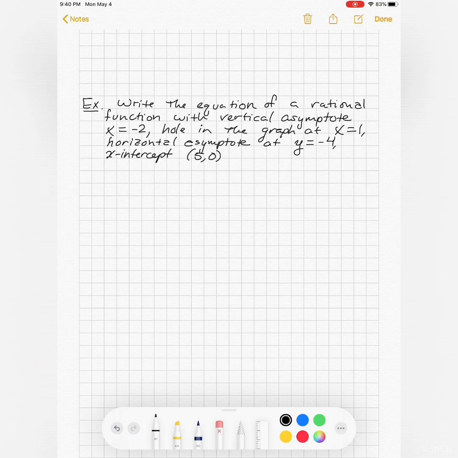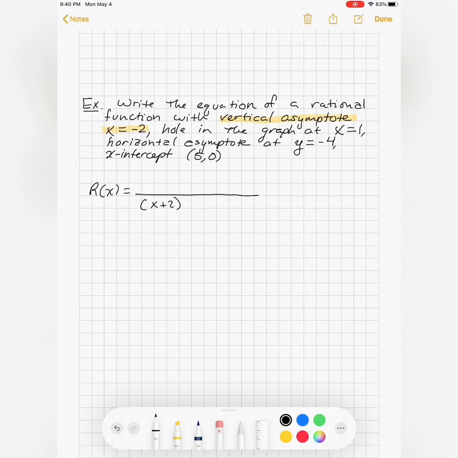Okay, let's do one more thing. Write the equation of a rational function that satisfies the given conditions. Okay. Vertical asymptote x equals -2. So that means I'd have to have a factor x plus 2 in the denominator.